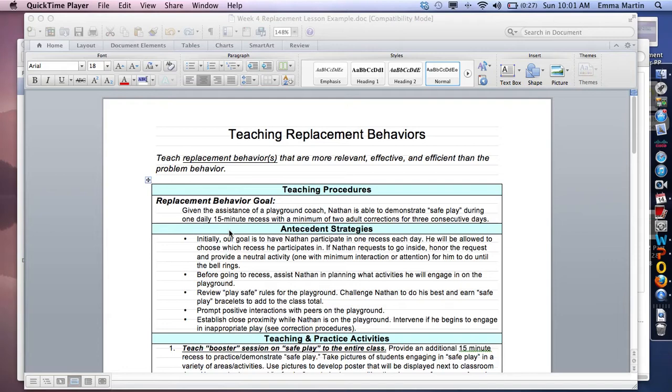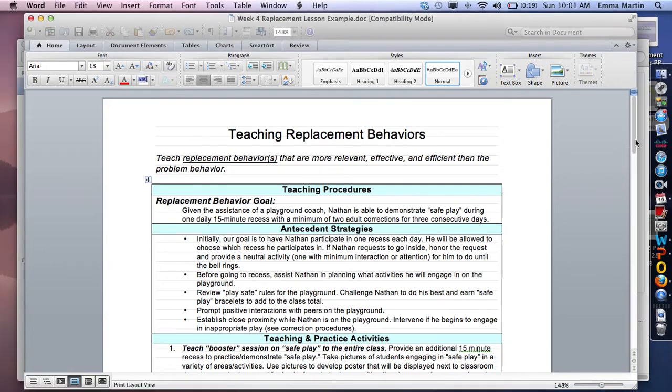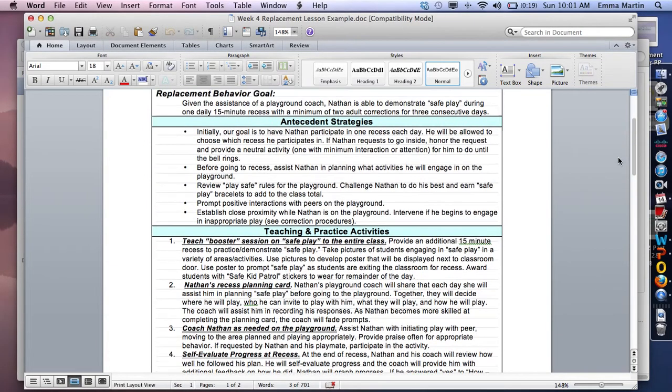Okay, if we look at the antecedent strategies, what we have in place for him is that he's going to be provided with explicit instruction in how to play with others, primarily how to initiate play. One of the things that we did was we worked with his entire class and we did a booster session on safe playground play.